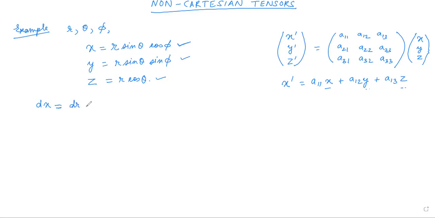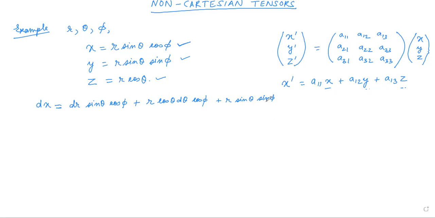dx would be dr times sine theta cos phi, plus, now we keep r constant, the differential of sine theta is cos theta d theta, times r cos phi, and then we keep r and theta constant and vary phi. So we have r sine theta, and the differential of cos phi is actually minus sine phi.